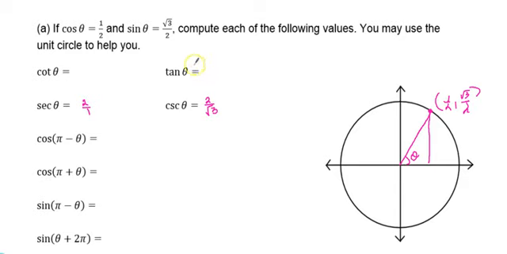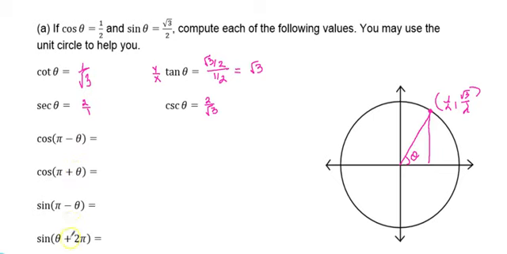Tangent theta is y/x, so √3/2 divided by 1/2. You simplify, and this number is √3. Cotangent theta is the reciprocal of tangent theta, so this is 1/√3. So these four answers are pretty straightforward.